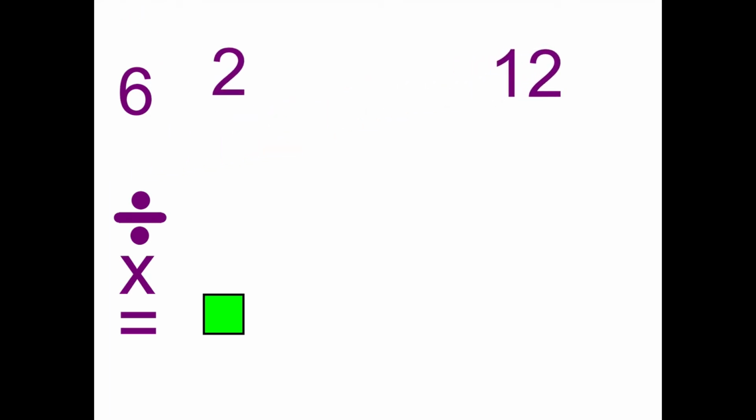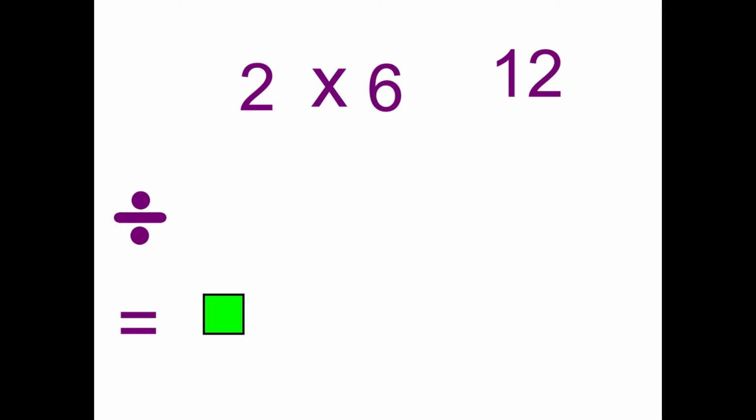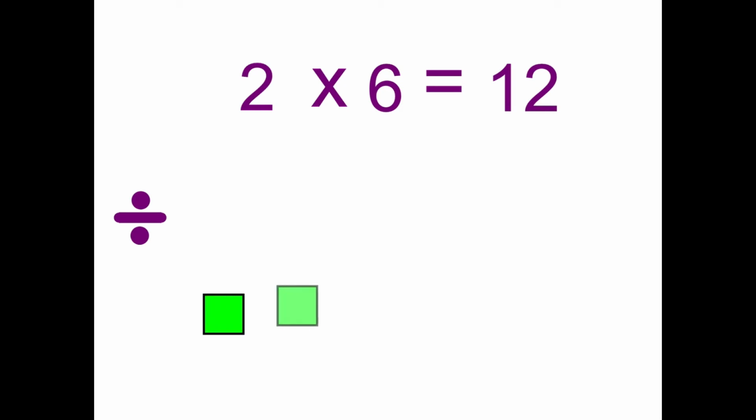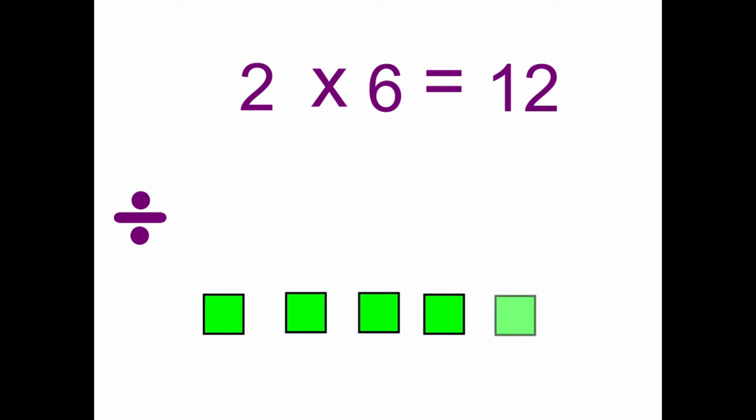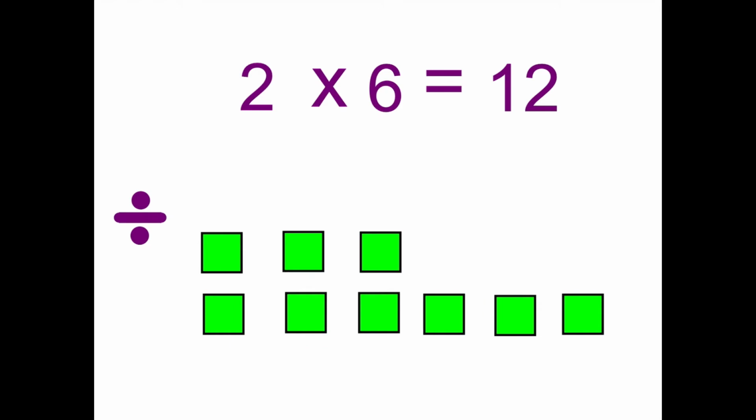Let's have a look at this example. So the big number I need to know is 12. And I could do 2 rows of 6. 2 sets of 6 equals 12. So we've got 1, 2, 3, 4, 5, 6. And then I need another row. 1, 2, 3, 4, 5, 6.